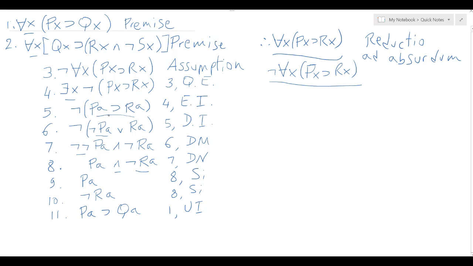And while I'm at it, I can do the same thing with line 2 and instantiate this conditional also to the constant A. So line 12 will be if QA then RA and not SA. Again, by universal instantiation.